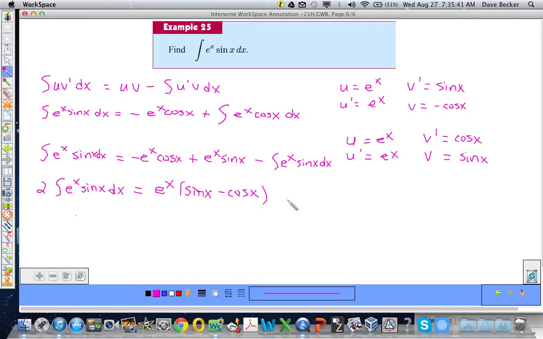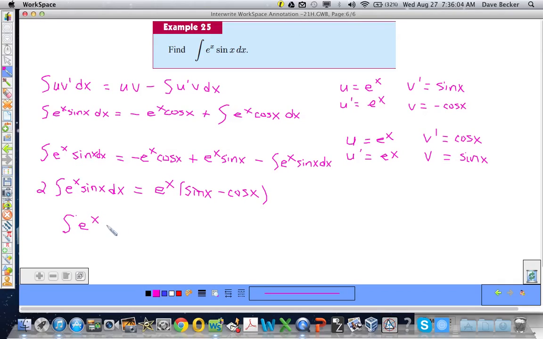Oops. And let's see. Well, I don't really have to put plus C at the end. It's just kind of an annoyance, as long as I have it in the final answer. And I really need to isolate this until I'm done with the integration. So anyway, I divide both sides by 2, and boys and girls, look at this beautiful thing.